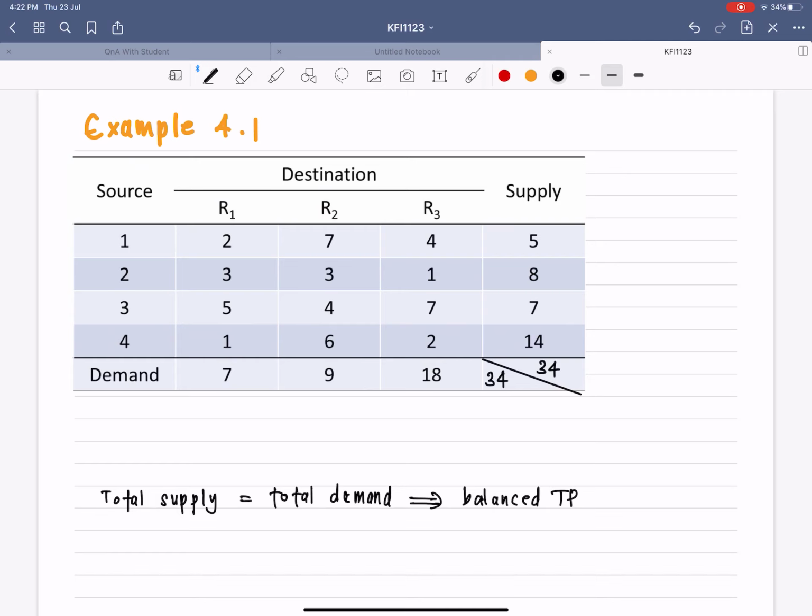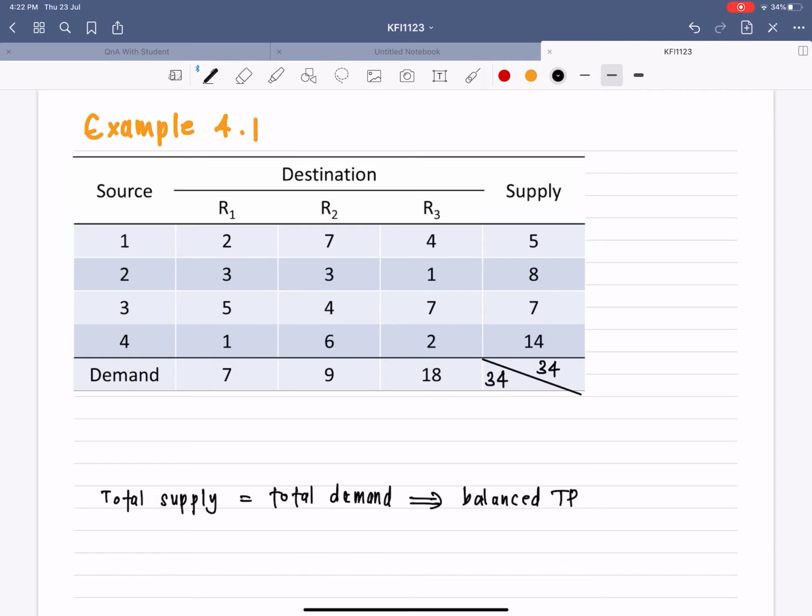If you don't have a balanced transportation problem, you cannot simply proceed with the northwest corner method. You have to do something. But for the unbalanced transportation problem, we will discuss that particular case in another lecture video. So now we do have total supply equal to total demand. Then we can proceed with the northwest corner method.